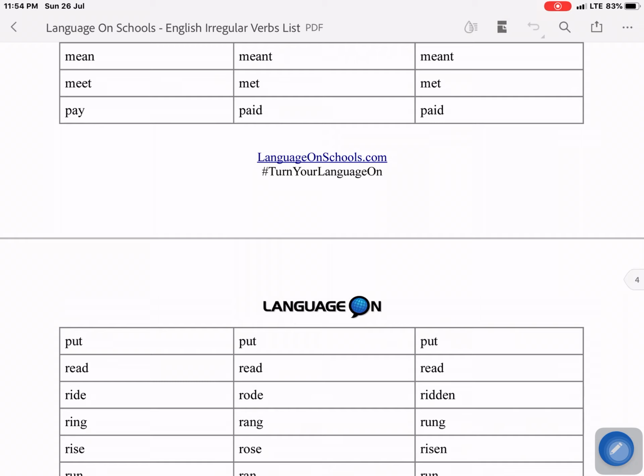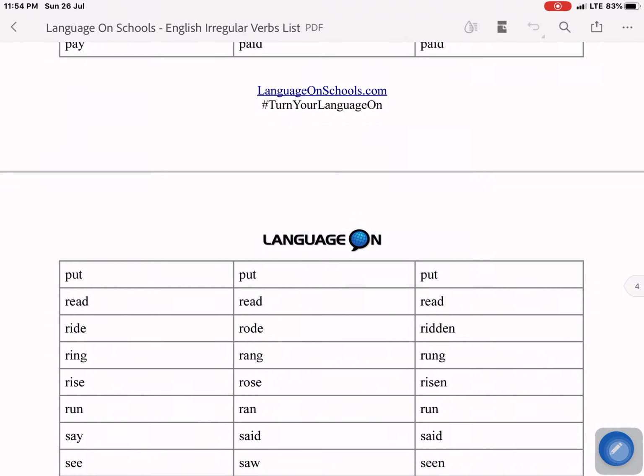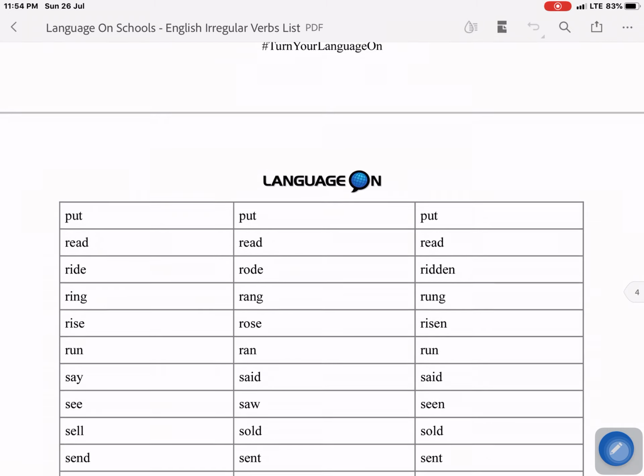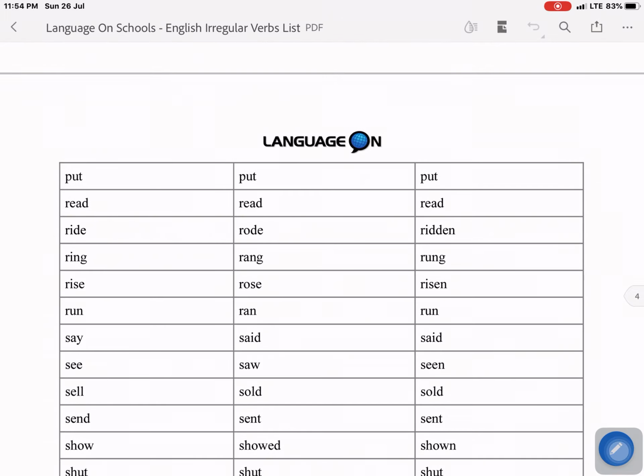Ride, rode, ridden, riding. Ring, rang, rung, ringing. Rise, rose, risen, rising. Run, ran, running. Say, said, saying. See, saw, seen, seeing.